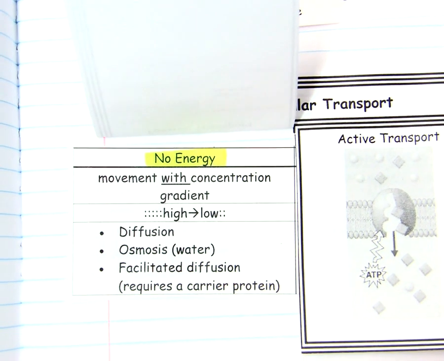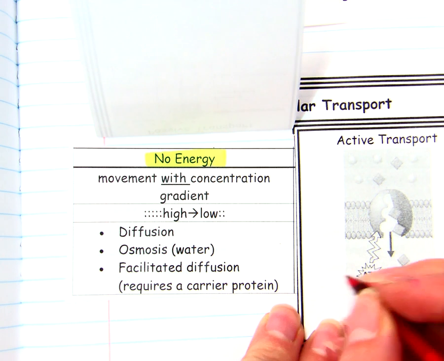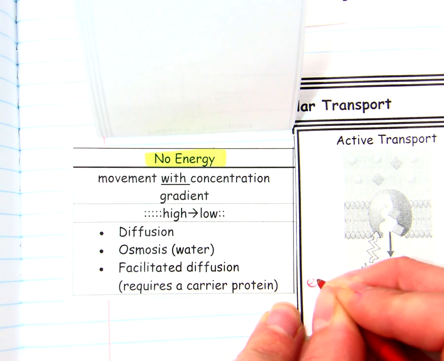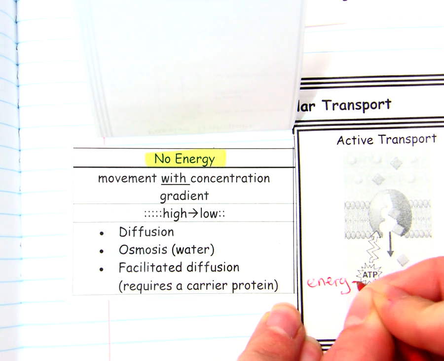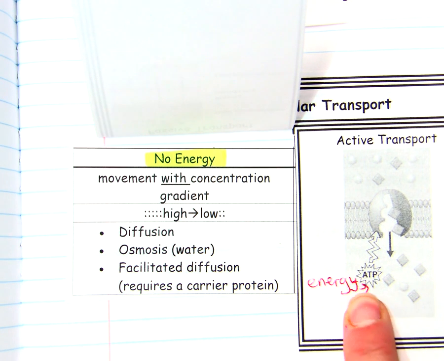On the active side, anytime we see the letters ATP, that refers to energy. So we already said active transport's going to need energy.